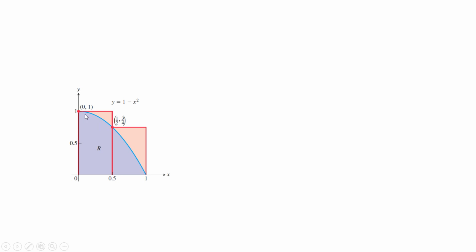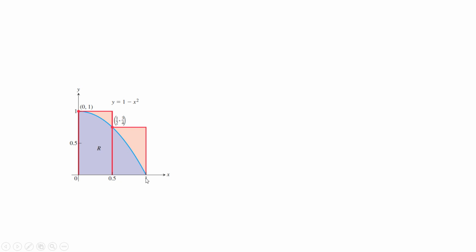Now we choose the highest value of the function in this interval to make the rectangle. So this rectangle has width equal to the length of the interval and height equal to the maximum value of the function in the interval. Now the next rectangle is drawn in the same way. In this interval, the length of the interval is the same, which is 0.5.